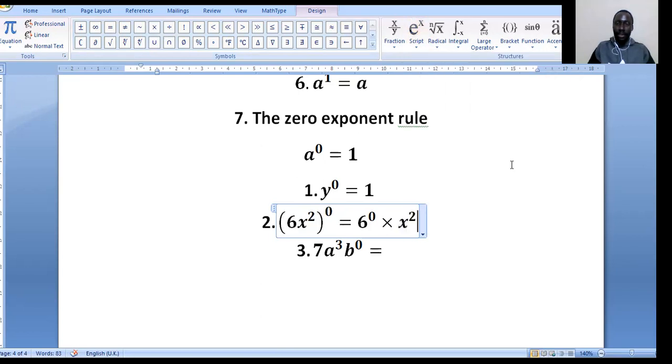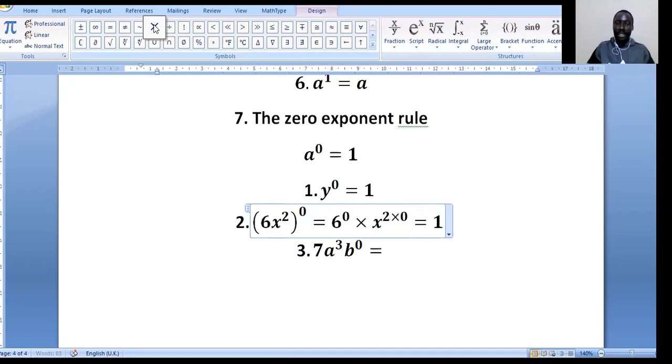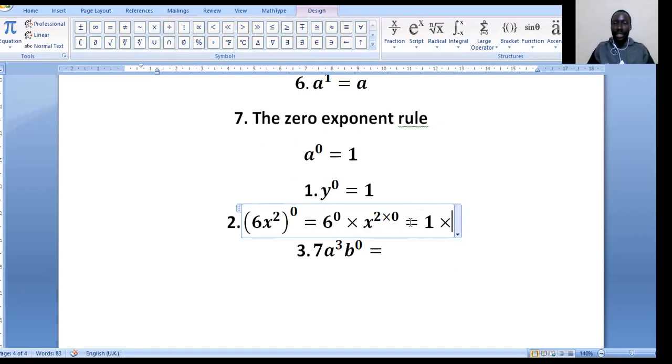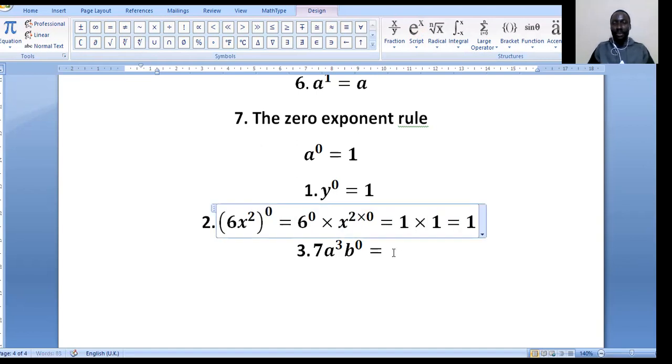Then the square has got to be multiplied with the 0. So that will give us 6 exponent 0 as 1. Now notice that this 6 exponent 0, which is 1, must be multiplied with this other quantity, which is also 1. So finally, we get 1. So here is another example.